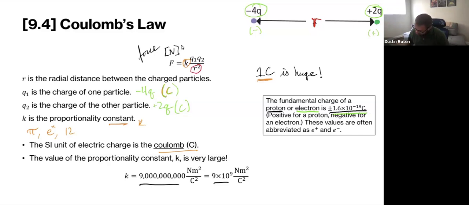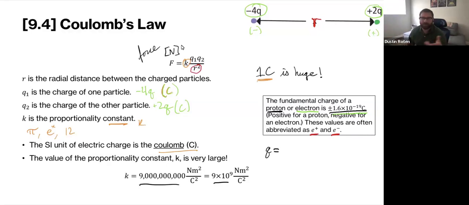And again, we abbreviate these as just E positive, E negative. So that fundamental charge that we've been talking about, and I've been avoiding the value of, we could say a fundamental charge Q. In this case, Q is just a charge of anything, right?